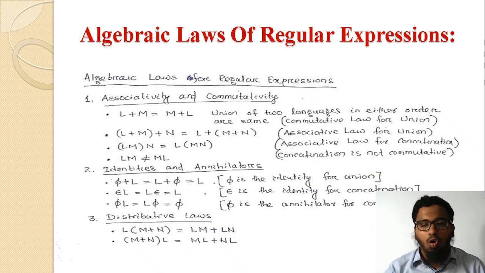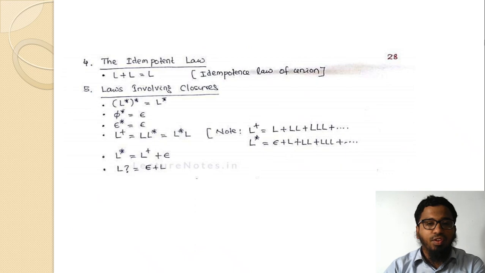Now we will see the algebraic laws of regular expression. I am going to provide these notes on my blog also. These are the algebraic laws for regular expression. First is associative and commutative, second is identities and annihilators, third is distributive law, and fourth and fifth are idempotent law and laws involving closure.